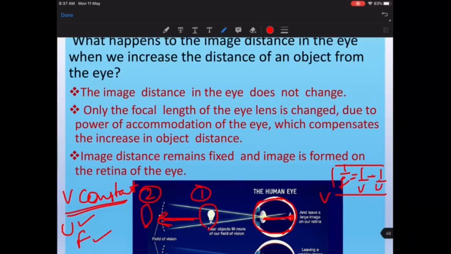What changes is the focal length. If you change the object distance, the focal length will change and accordingly adjust to that object distance. So this is what happens to the image distance. No image distance will change ever.